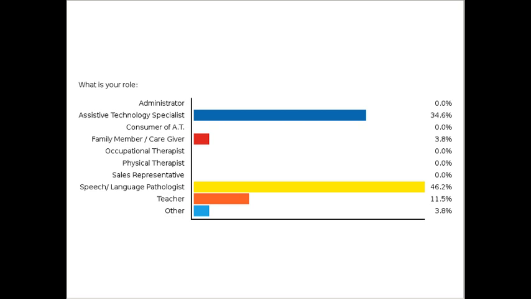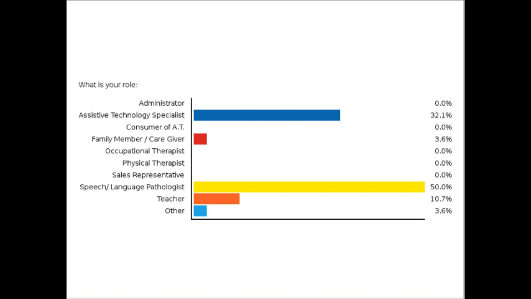I also am a family member of someone that used a communication system. My husband's oldest sister has cerebral palsy and for much of her life used backup systems for people that didn't understand her natural speaking voice. For the rest of my career, after I left being a direct service provider teacher, I was an assistive technology specialist.